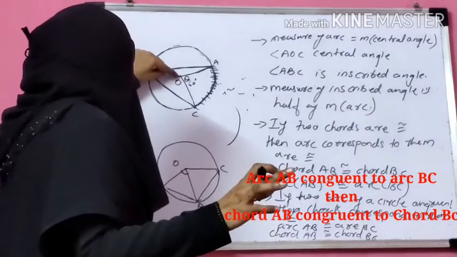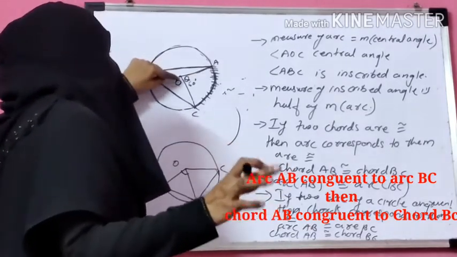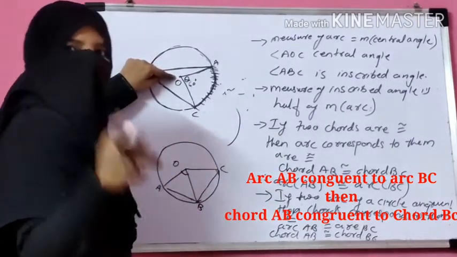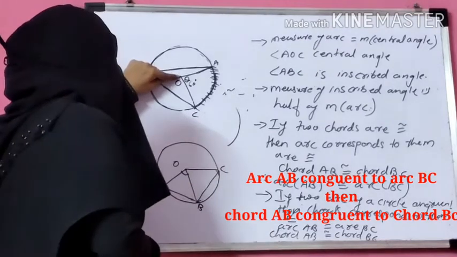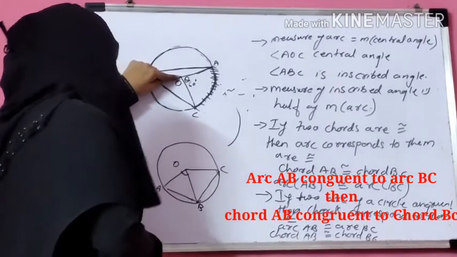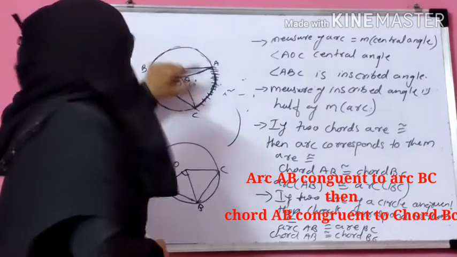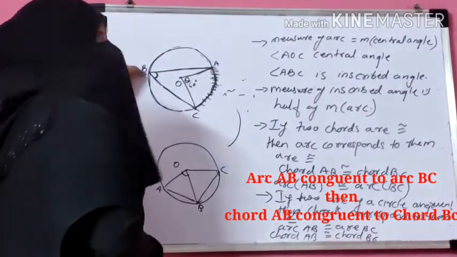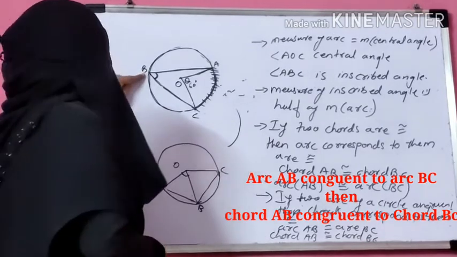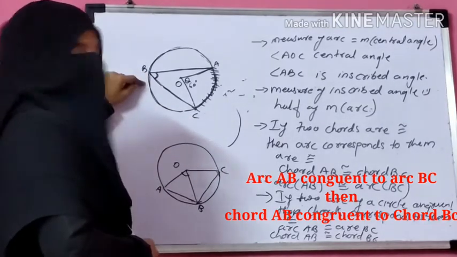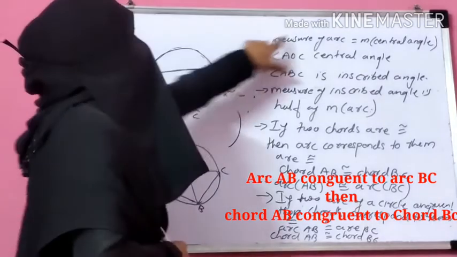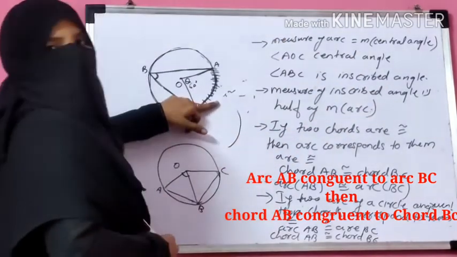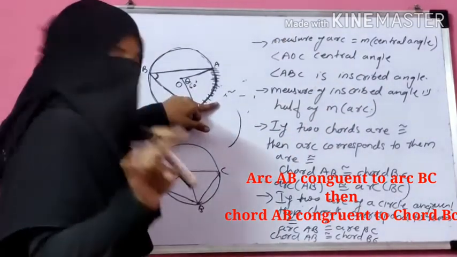And the angle whose vertex lies at the center of a circle is called the central angle, and the measure of the central angle can be found with the measure of the circle. The angle whose vertex lies on the circumference of a circle is called the inscribed angle, and the measure of an arc is always equal to the measure of the central angle.